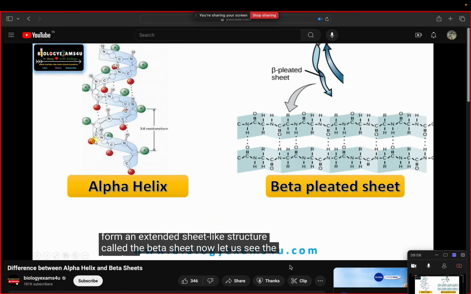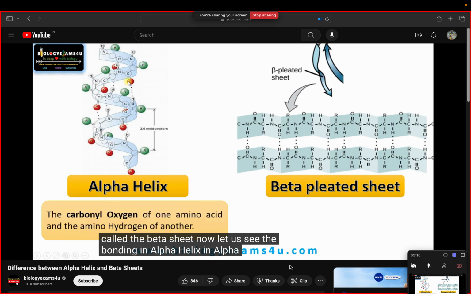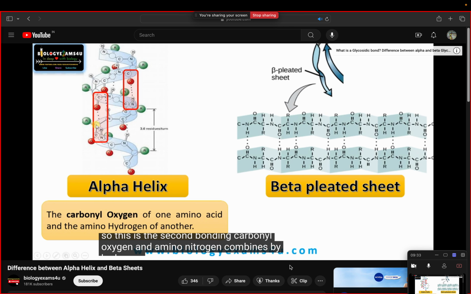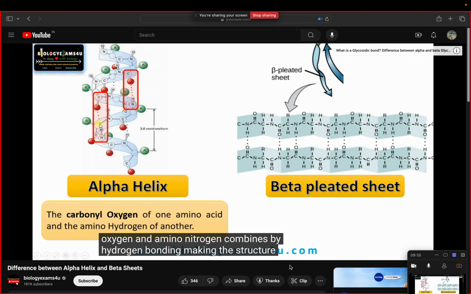Now let us see the bonding in alpha helix. In alpha helix, as you see, the bonding is between this carbonyl oxygen and amino hydrogen. This is the bonding. As a result of this bonding, the structure becomes helical as the amino acids are far away. So this is the second bonding: carbonyl oxygen and amino nitrogen combine by hydrogen bonding, making the structure helical.